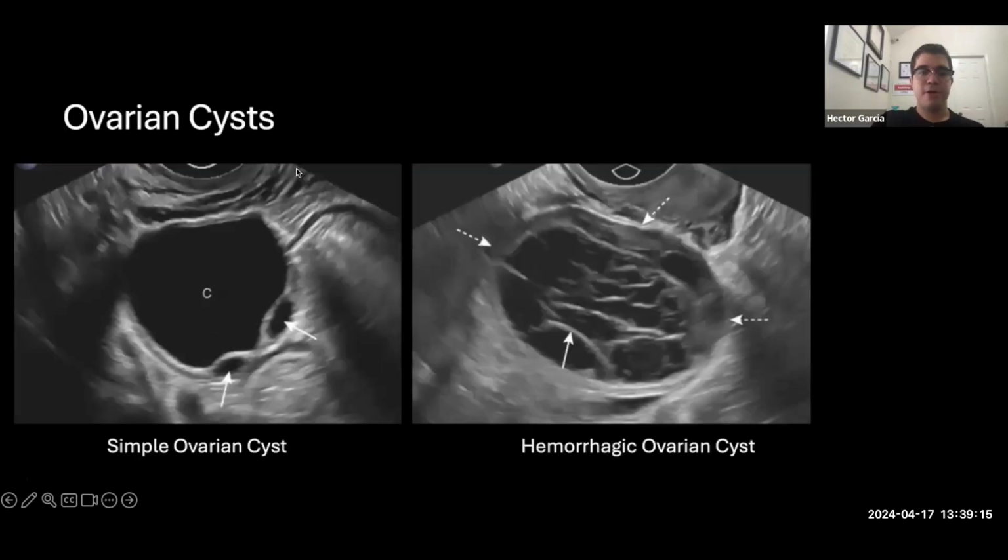Now this is an ovarian cyst, a simple cyst, and we see all black, as we explained at the very beginning, all the echoes go through. Versus this one is hemorrhagic, and we see lacy, reticular, hyperechoic, linear appearances. That indicates that this ovarian cyst is hemorrhagic.